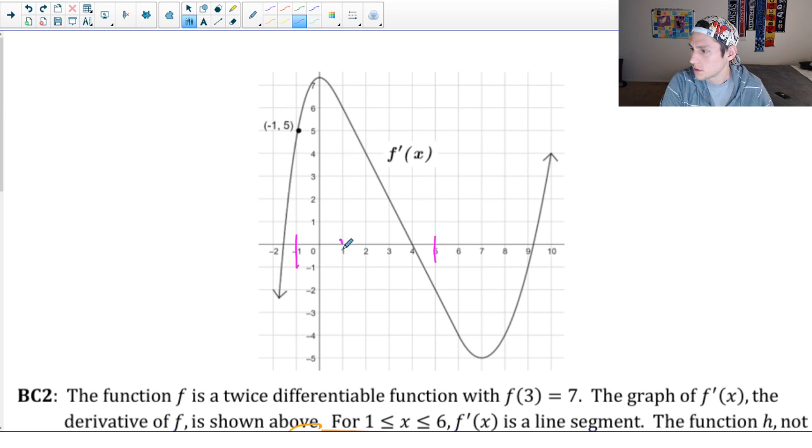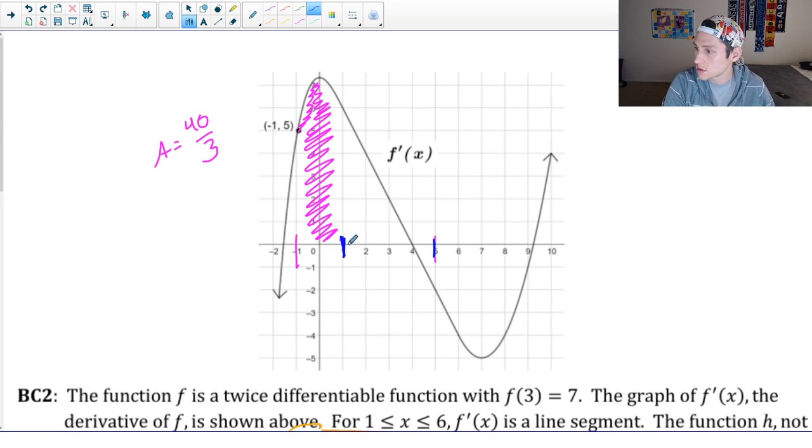So from here to here, that area is 40/3. So my only question then is, well, I already know that part. I know negative 1 to 1. So now what is it between 1 and 5?